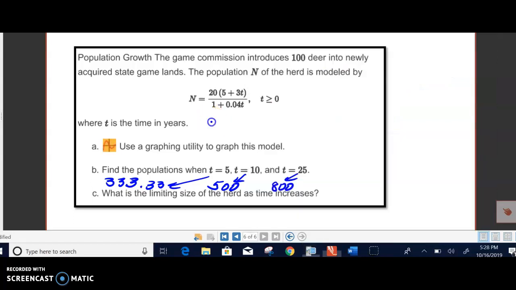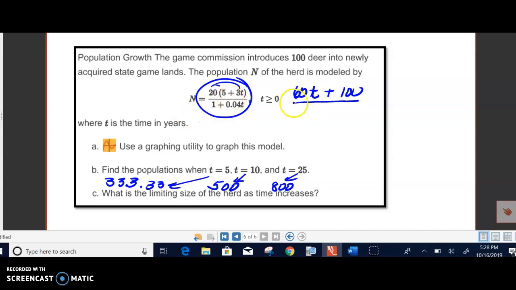Okay, so then let's come back over here and see if we can figure out this guy's horizontal asymptote. So I am going to actually rewrite this as 60t plus 20 times 5 is 100. So all I did was distribute the 20 and put the variable first.